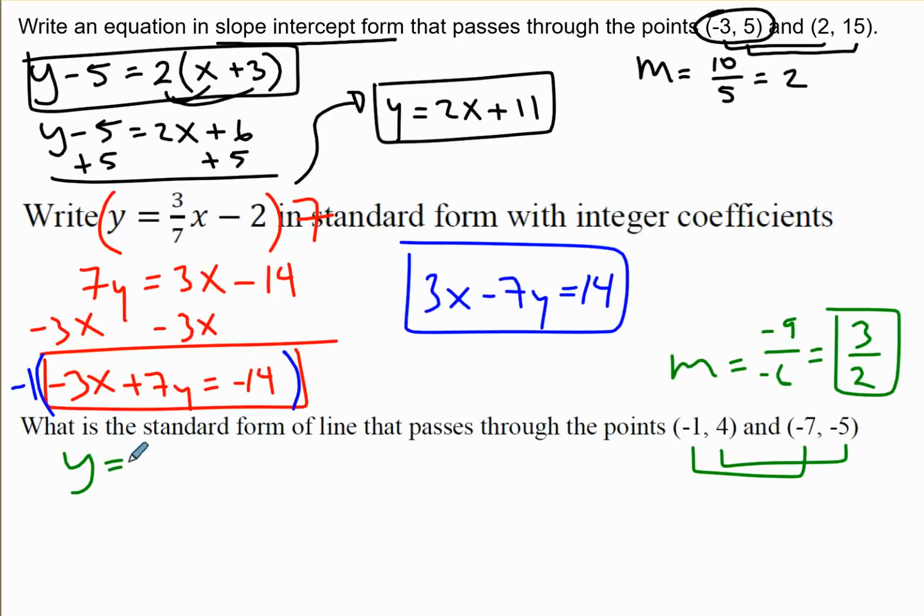Y equals mx plus b, and we could use this point as x, and that point is y, and substitute them in. So 4 equals m is 3/2, 3 halves times x, which is -1, plus b.